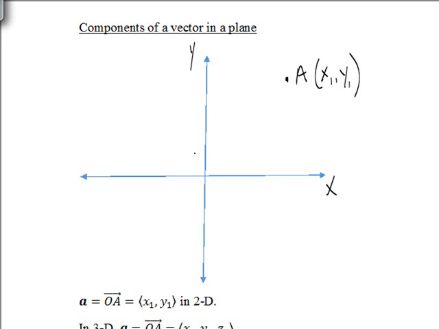Now this is the origin here. Draw a line from the origin to A, and put in your arrow. The vector OA, which is really the position of A with respect to the origin, is called a position vector.